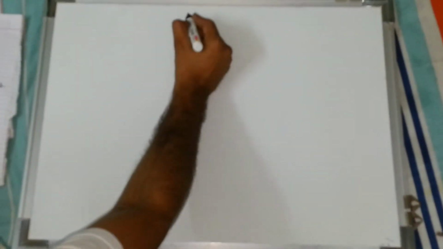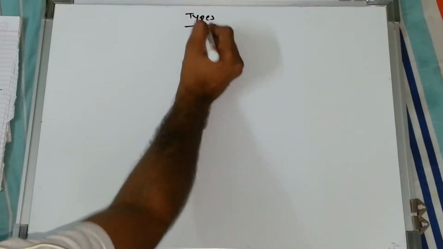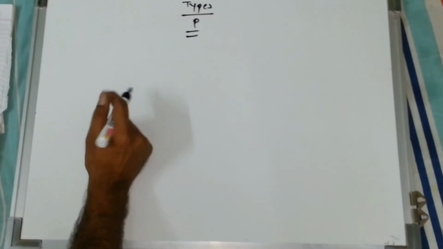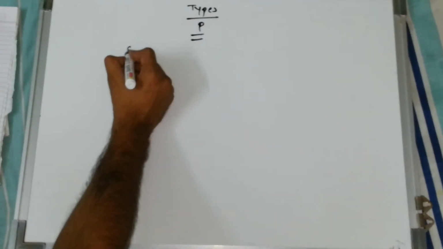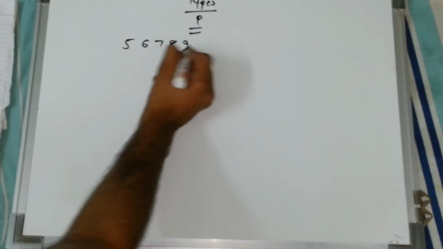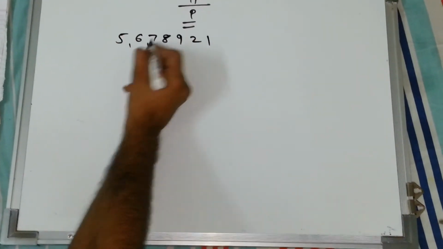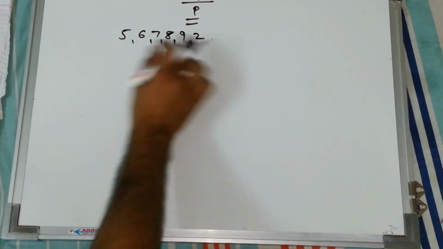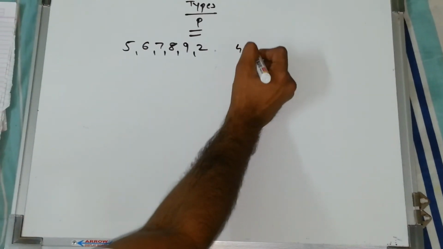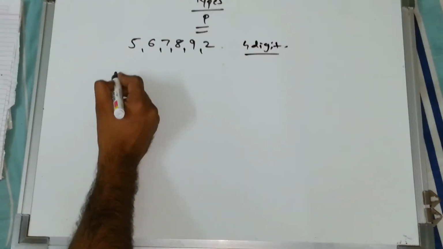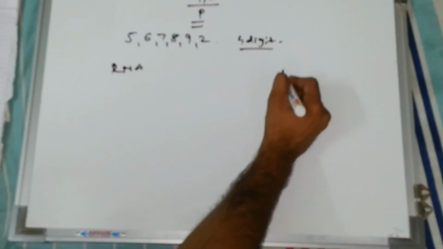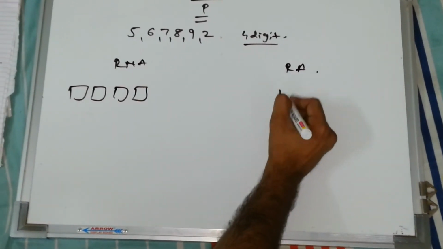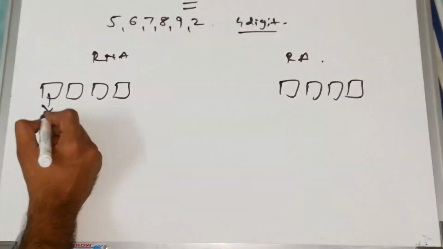Now one of the types of problems in permutations we see is of digits. For example, we have 6 digits, say 5, 6, 7, 8, 9, 2 and 1. So we have 6 digits, we need to form a 4-digit number. Now here repetition is not allowed and here repetition is allowed. So for example, we have 4 digits, so 4 places. Repetition is allowed also, 4 digits, so 4 places.